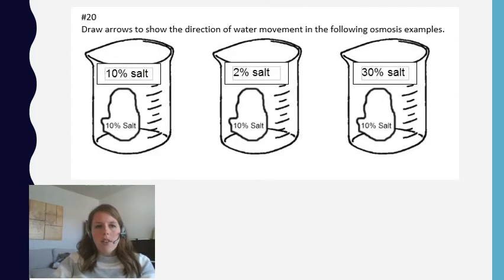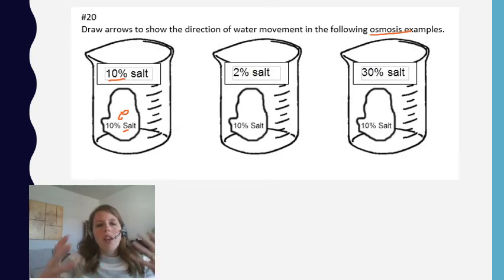This asks you to draw arrows to show the direction of water movement in the following osmosis examples. Remember, in osmosis we're focusing on the water movement. So we take some kind of cell that has 10% salt on the inside, and on the outside it also has 10% salt.